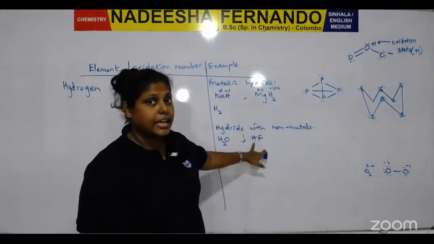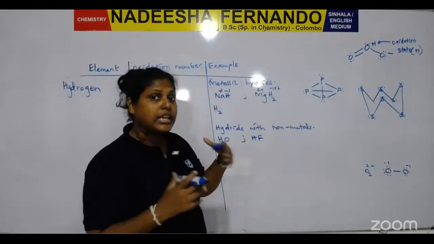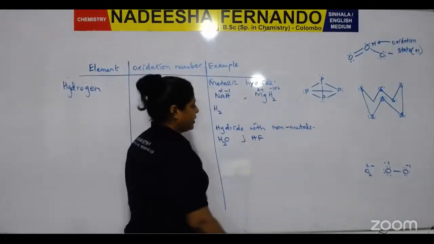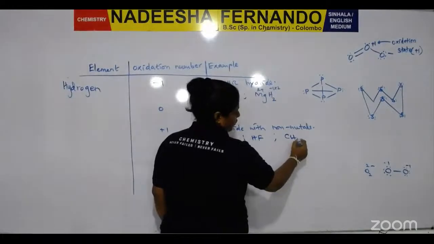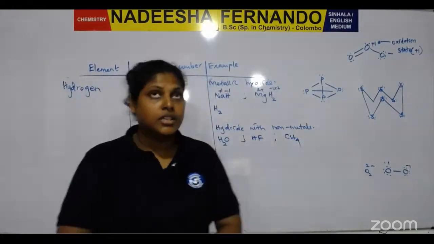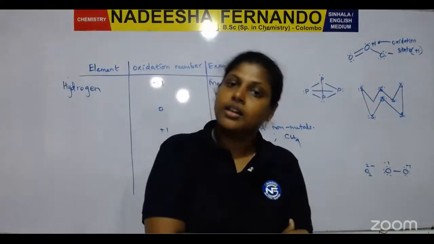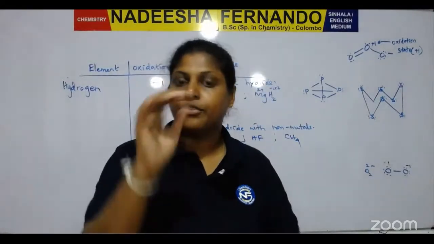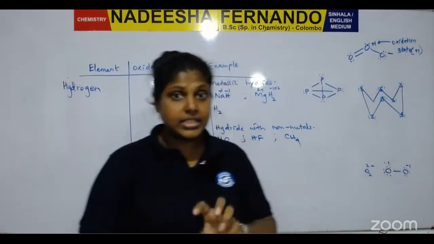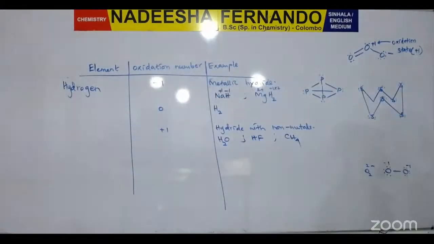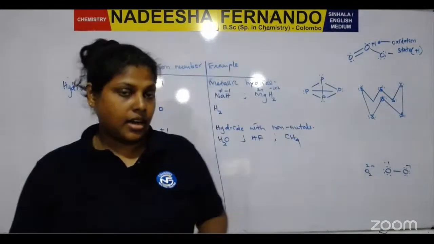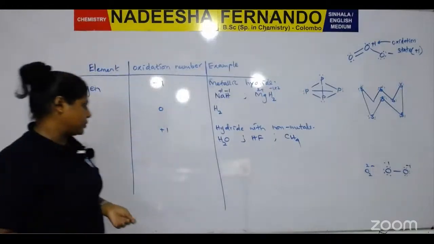Therefore, hydrogen takes +1. So at that level, we consider the electronegativity. Right? CH4. Hydrogen has 2.1, carbon has 2.5. Therefore, hydrogen has lesser electronegativity than carbon. Therefore, it takes plus.